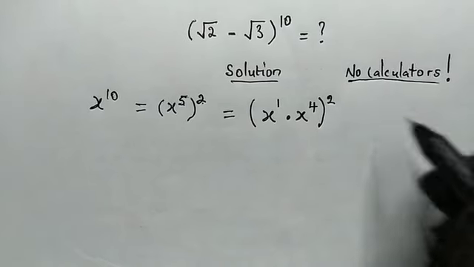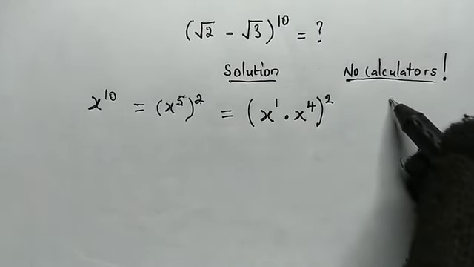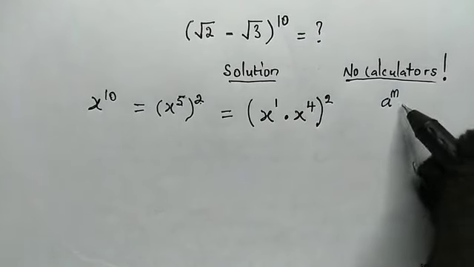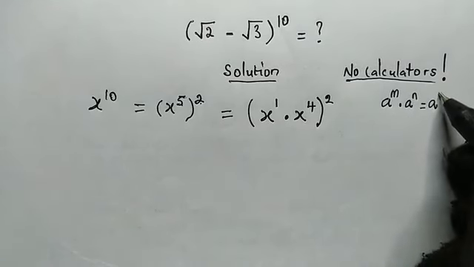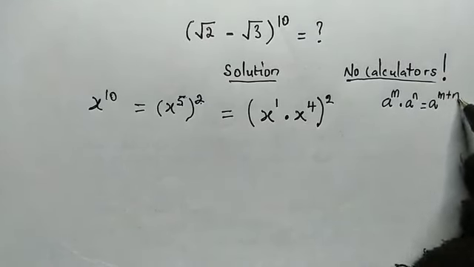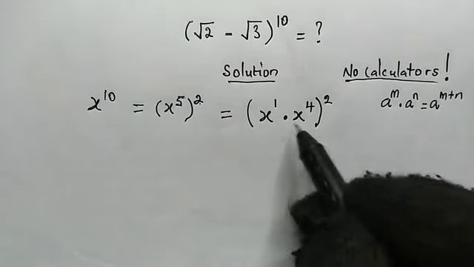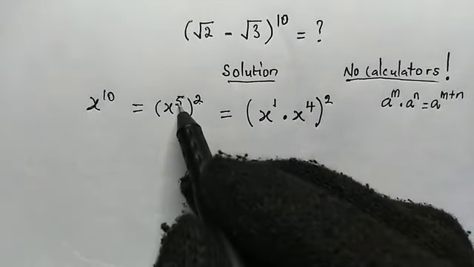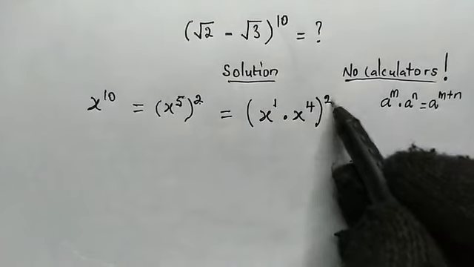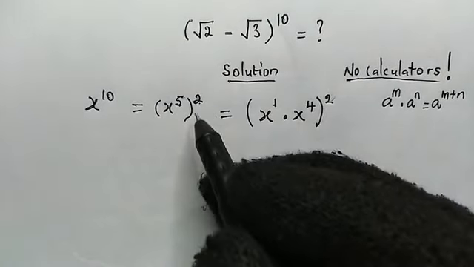If you recall the law of indices, a to the power of m multiplied by a to the power of n is equal to a to the power of m plus n. So here we have the same base, so we're going to add the powers. So we get 1 plus 4, which is equal to 5. Then we have this square here, which is right over here.